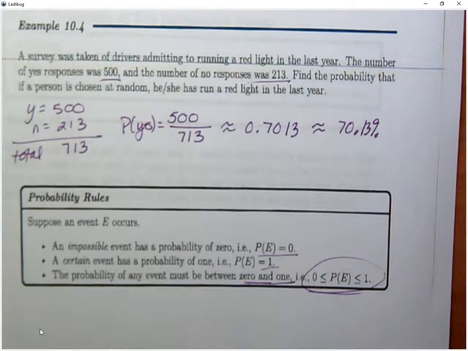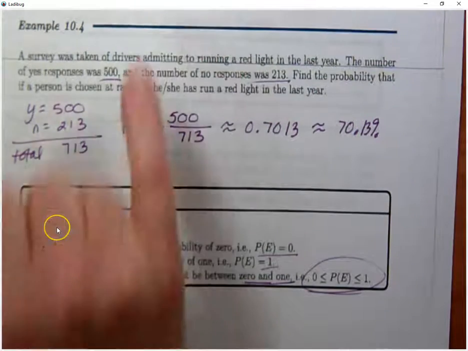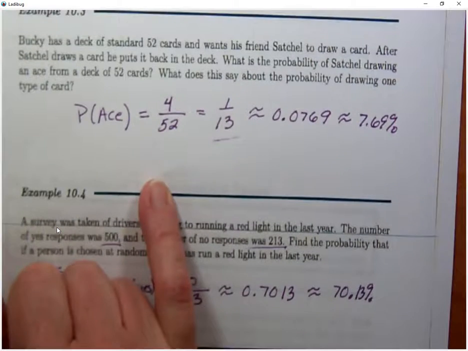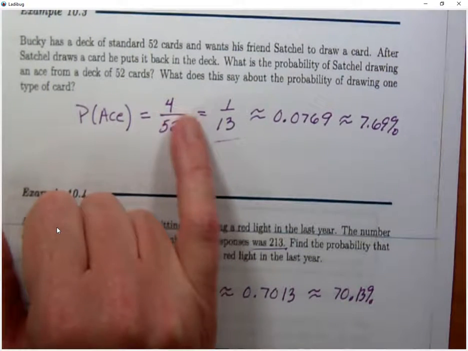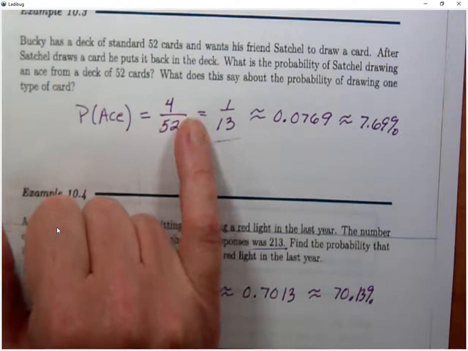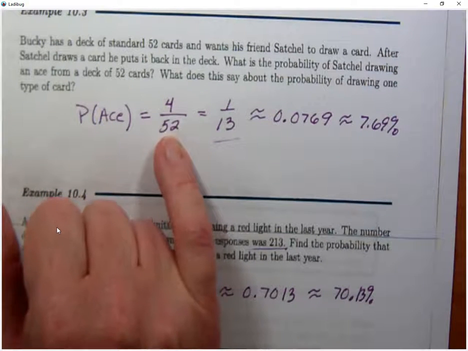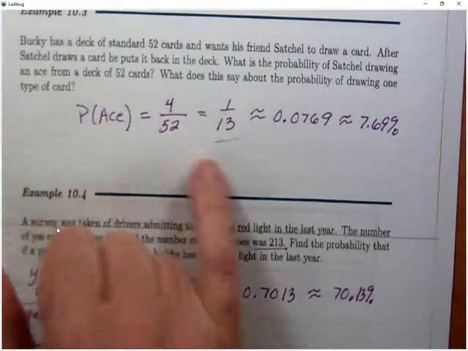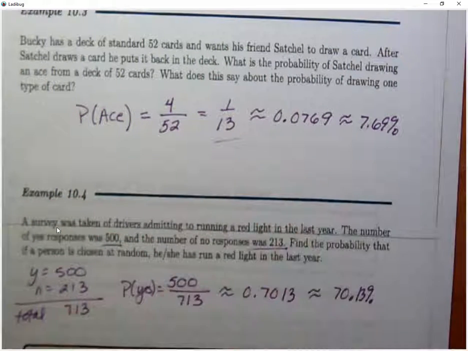Also, all your probabilities for separate events within the same thing that's happening, the simple events, when we put them together and have compound events, the probability should always add up to 1. So with the card problem, if I had all the different cards and I had added up probability for the aces, probability for the kings, and so on and so forth down the line, I should get 100% if I were to add all those probabilities together.